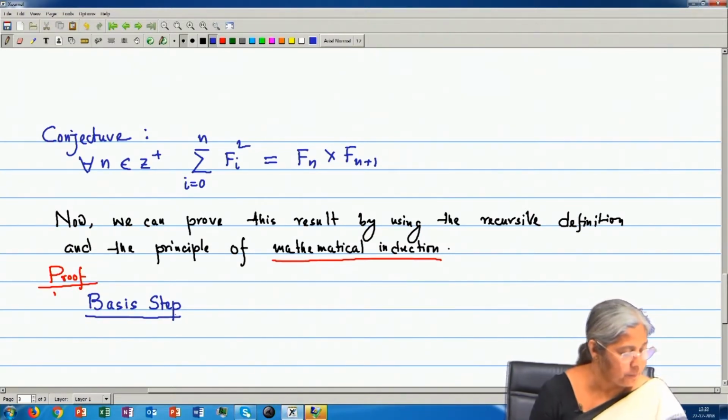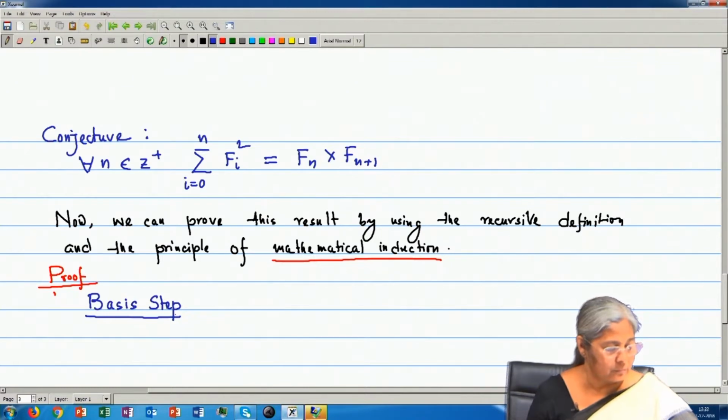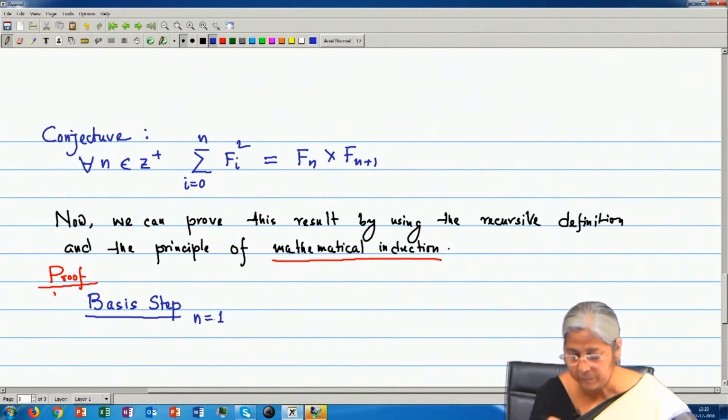For the basis step, we assume n equal to 1.